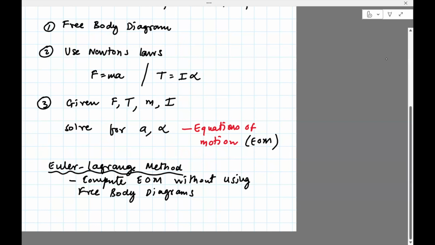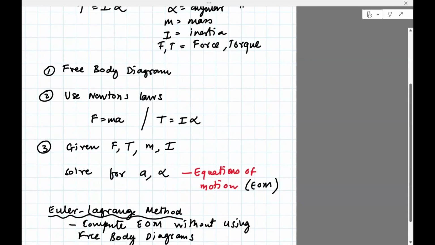Have any of you seen Euler-Lagrange equations before? No? Okay, so let's use this. I'm going to give you a recipe on how to do this. So this is the recipe which you might have learned in an undergrad dynamics class.